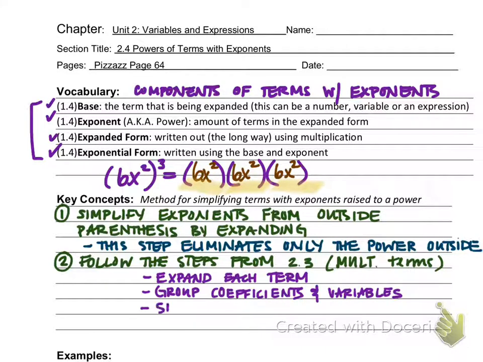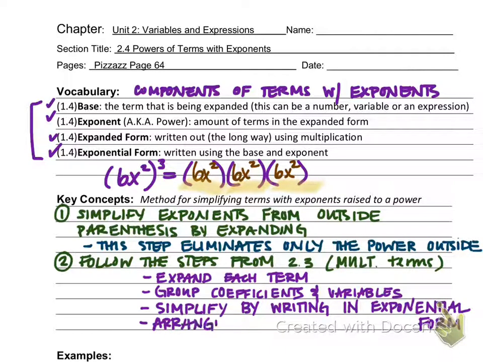And then similarly after that, I'm going to simplify by writing in the exponential form. Always making sure that I have the arrangement in alphabetical order. So these are the key steps that we're using.